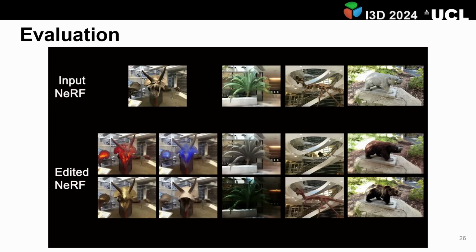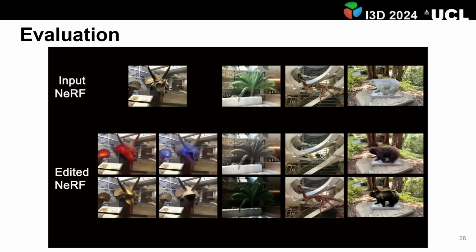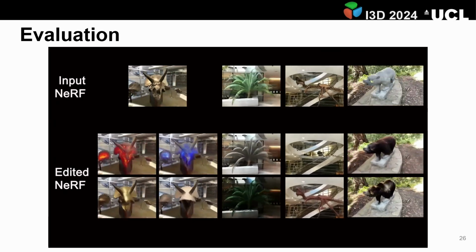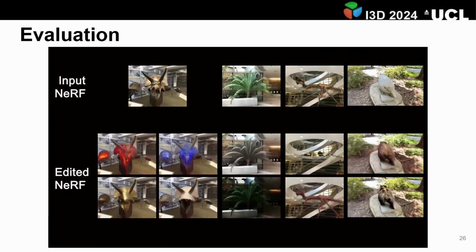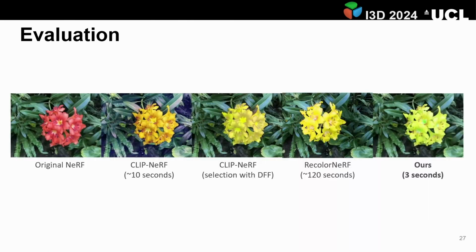As for qualitative evaluation, we show a lot of edited sequences, including light changes, appearance changes, and geometric changes. We also compare our method with related methods to recolor the flower scene.